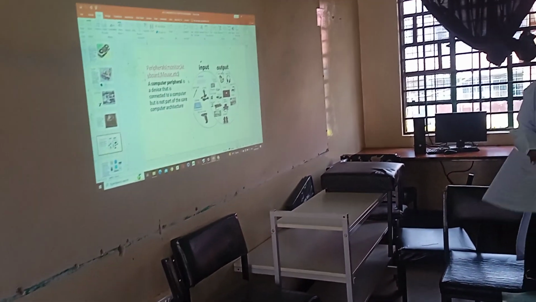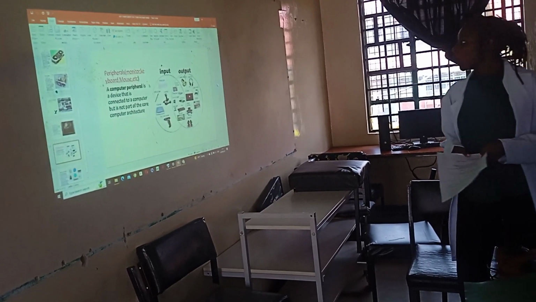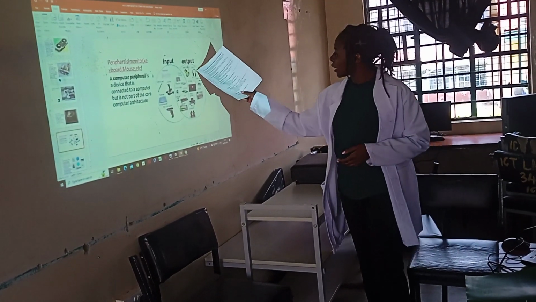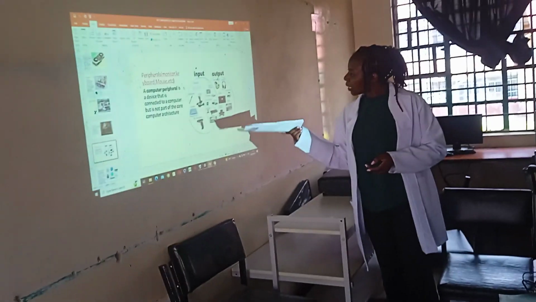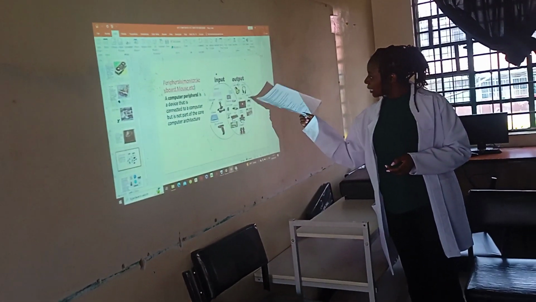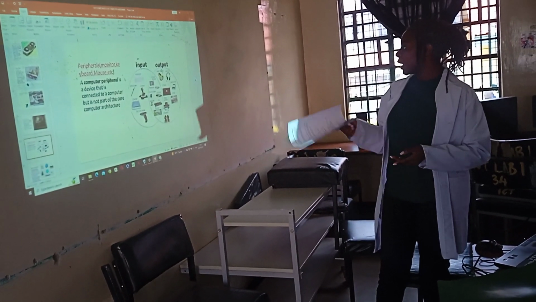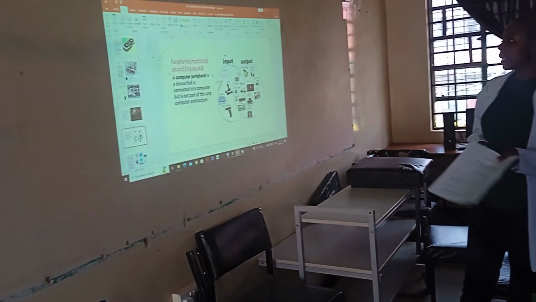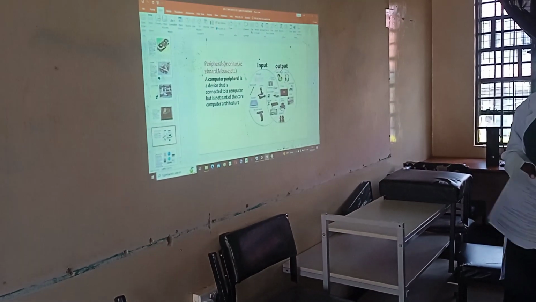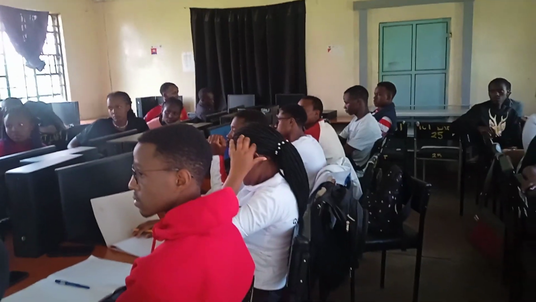So another key component that you are going to look into is peripherals. We said the examples were the mouse, we have the monitor, we have different kinds, there are headphones here, these are peripheral devices. We cannot see them very well, but kuna hizo mouse, kuna monitor, kuna keyboard, we have the headphones. Those are types of peripheral devices, and you have said a computer peripheral is a device that is connected to a computer but is not part of the core computer architecture.